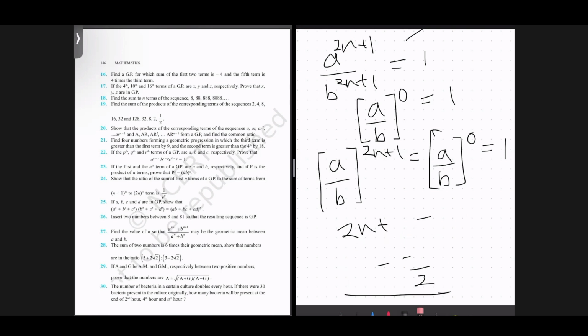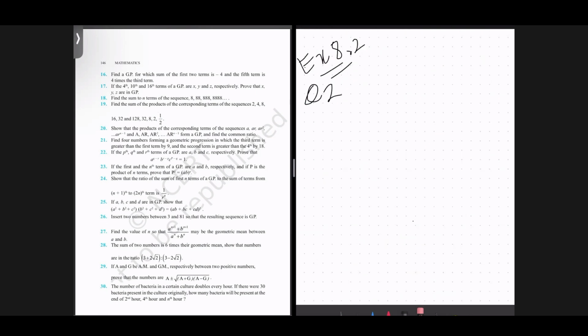Moving on. Now we are going to be solving question number 28. In question number 28, we have been told that the sum of two numbers is 6 times their geometric mean. Show that the numbers are in the ratio 3 plus 2 root 2 to 3 minus 2 root 2.